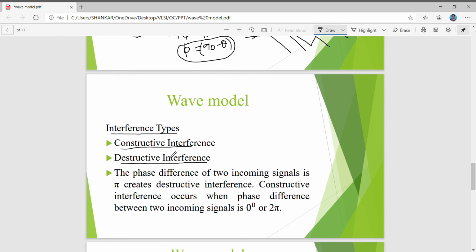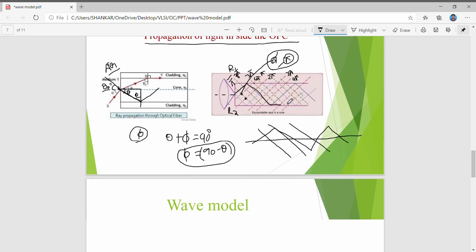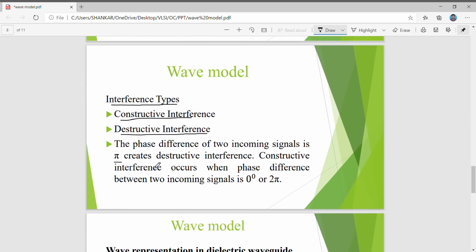The phase difference of two incoming signals is pi. When one signal has phase pi and another is 2 pi, the difference is pi. If the phase difference of two signals is pi, then it creates destructive interference.